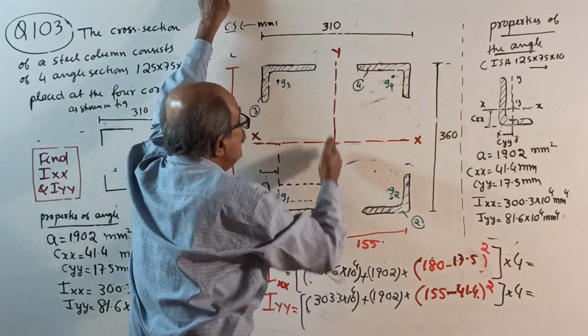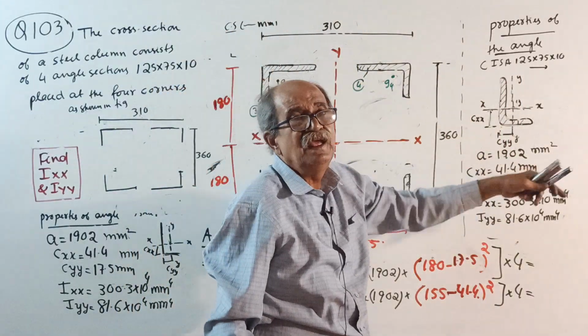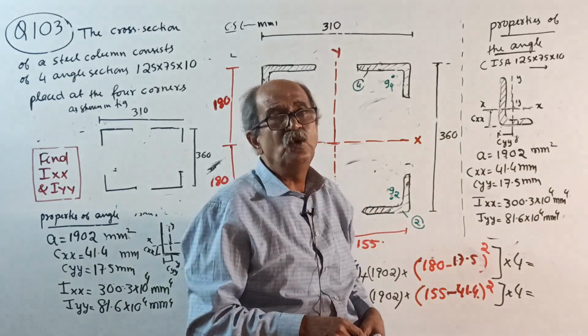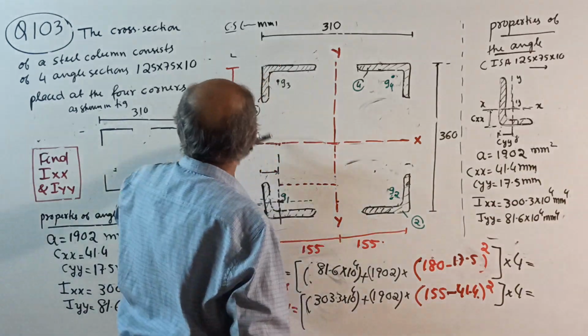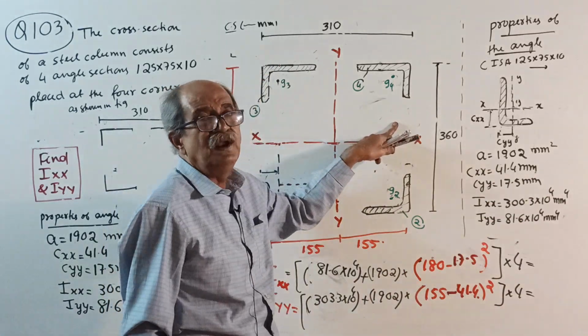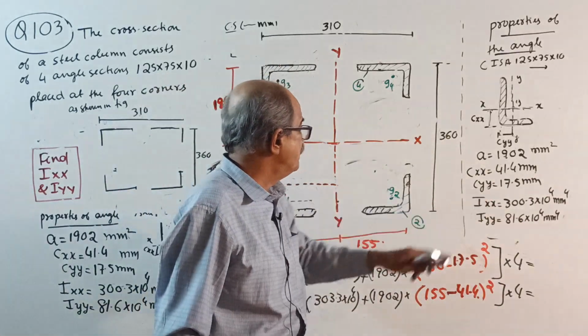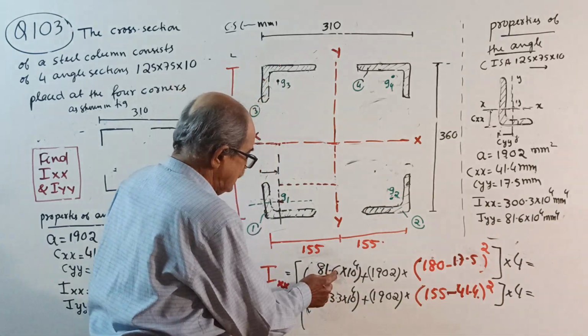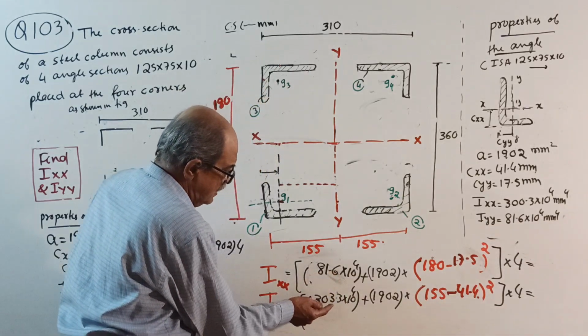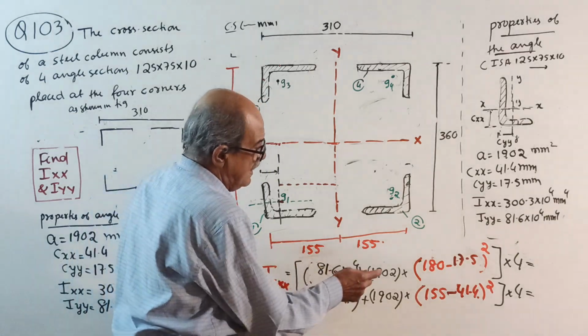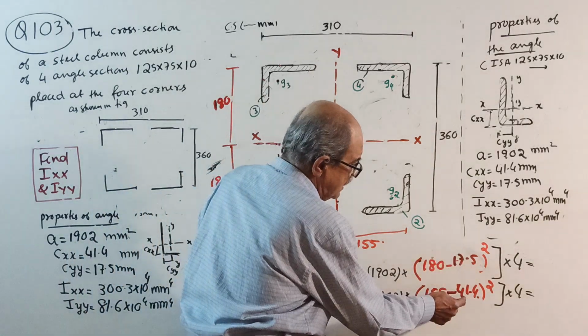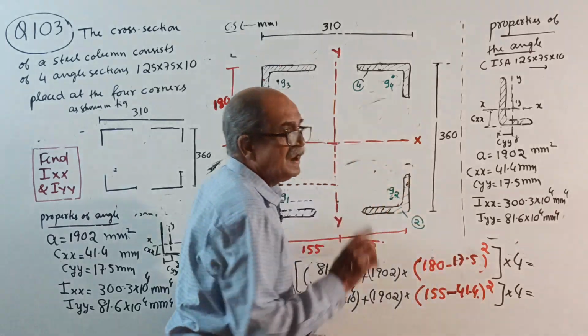When you want IYY, it is the XX property and this distance. You should know that. That's why I took the same angle, so that the property remains the same. But see, last time 81.6 was here, 303 was there, and 17.5 was here, 41.4 was there.